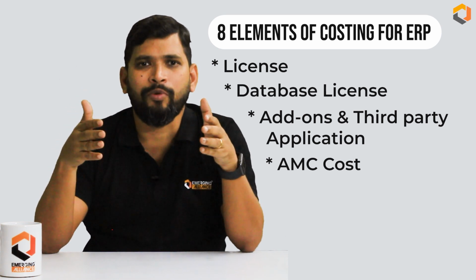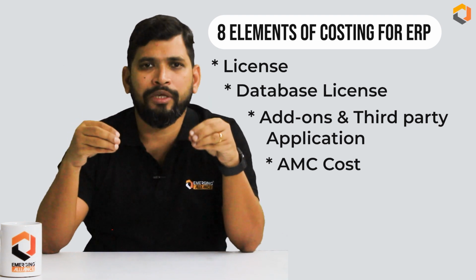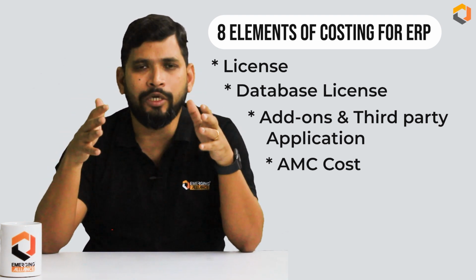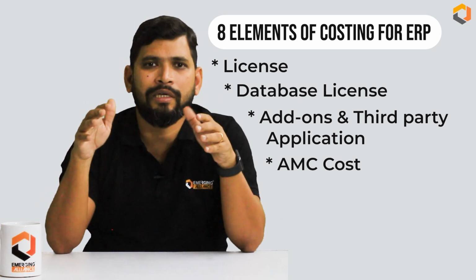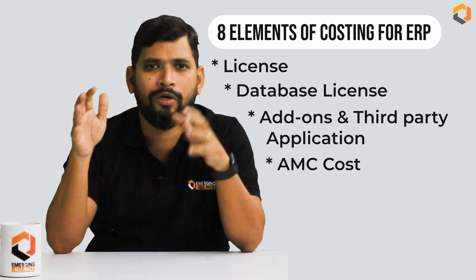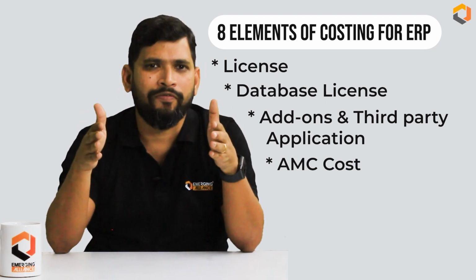So you will have to pay an AMC for it, which is something every software developer requires to keep upgrading the software. This is the first recurring cost that you will have.